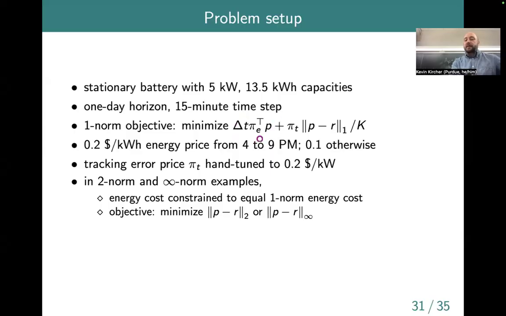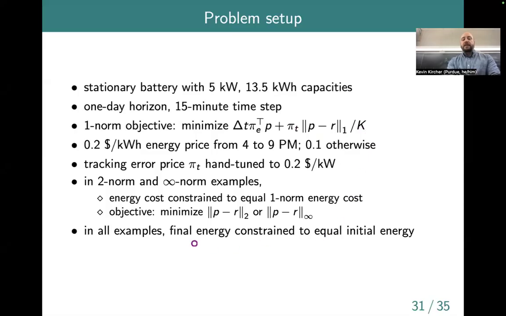So this term here, in the 2 norm problem and the infinity norm problem, I said it had to be the same as what we got in the 1 norm tracking problem. So we're controlling for the energy cost. We're saying the total amount that you pay for energy is the same no matter which way we do the tracking problem. And then in the other problems, we only have the 1 objective left over, so we don't need a price. We just put in the tracking objective. Does that make sense? Okay.